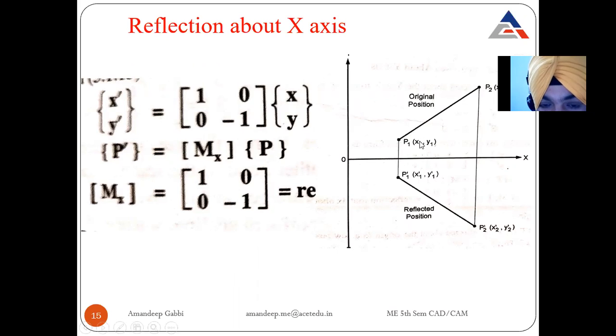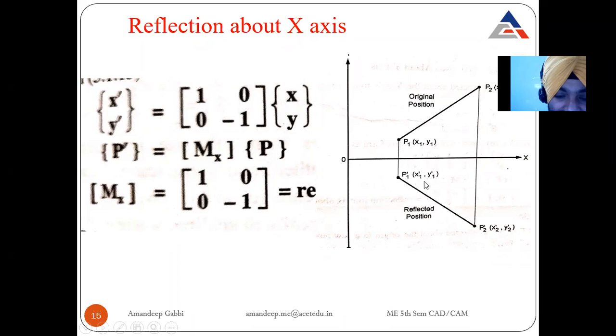The original line has point P1 with coordinates x1, y1, and point P2 with coordinates x2, y2. This is the original position, and a reflection transformation is to be applied about the x-axis. If it is reflected along the x-axis, it will look like this. It is the mirror image of this, and after reflection, it will reach here.